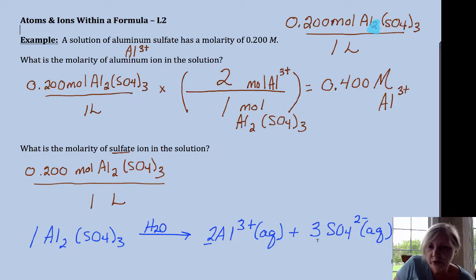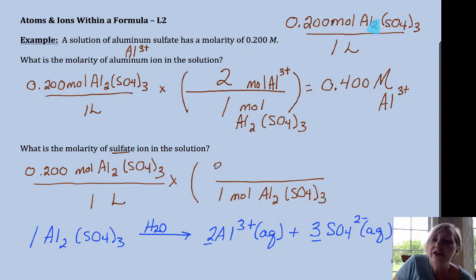So that's where we're getting those mole to mole ratios there. Okay, so this time I want to know for every 1 mole of aluminum sulfate, I get 3 sulfate ions.